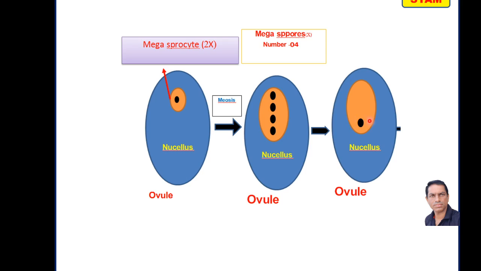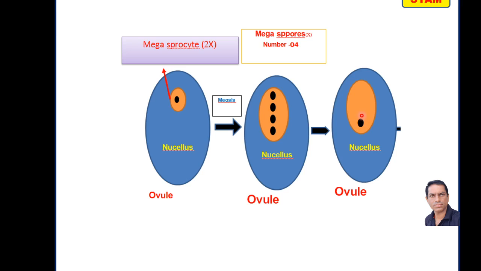Which side megaspore is functional? The chalazal side megaspore is functional. The micropyle side 3 haploid megaspores are degenerate. Out of 4, three are degenerate, and a single functional megaspore is present on the chalazal side and will form the embryo sac.